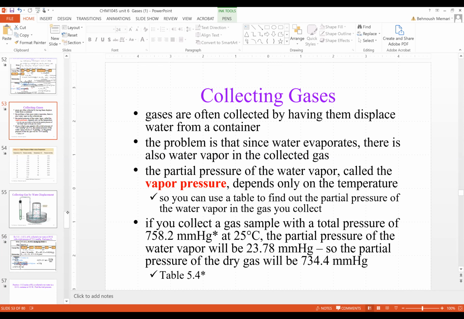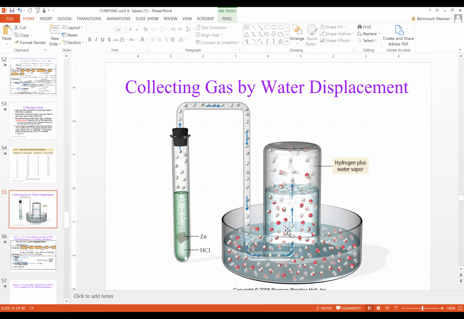So if you look at this diagram here, the gas is collected in a tube, and because the gas is collected over the water, some of the water molecules are going to vaporize, go to the vapor phase, and also contribute to the pressure.